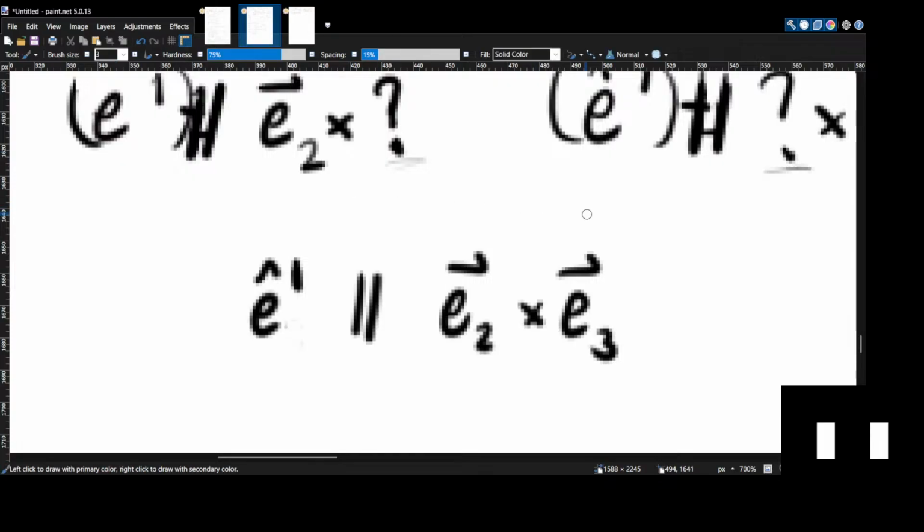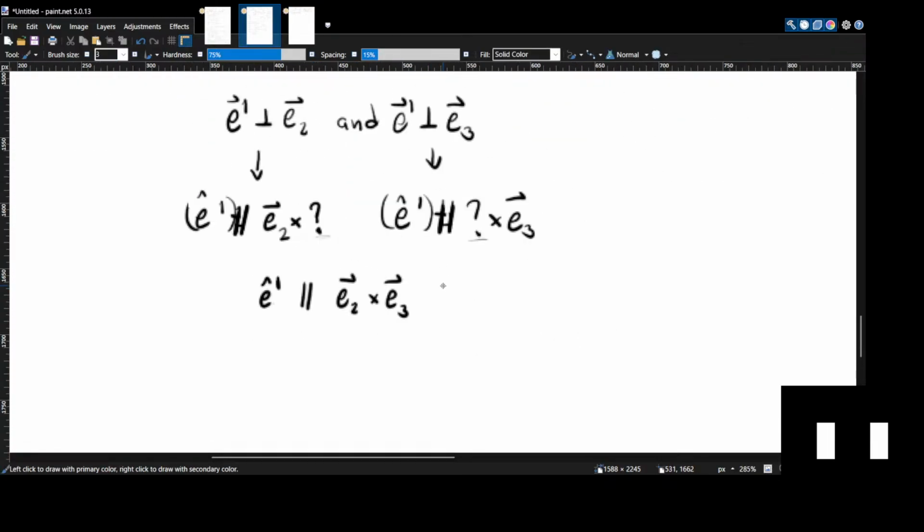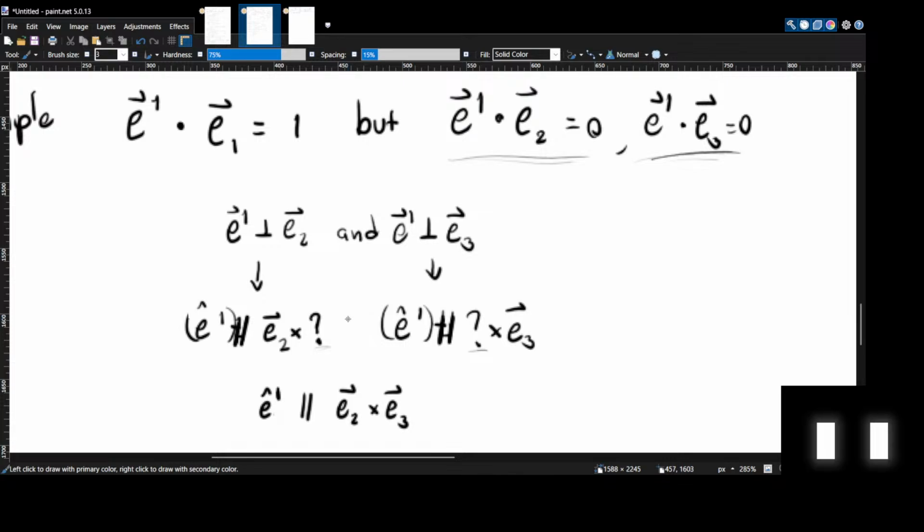Okay, this means that, hold on. If E1 is parallel to E2 cross E3, we immediately know that E1 is perpendicular to E2 and E1 is perpendicular to E3, which immediately satisfies these two conditions.